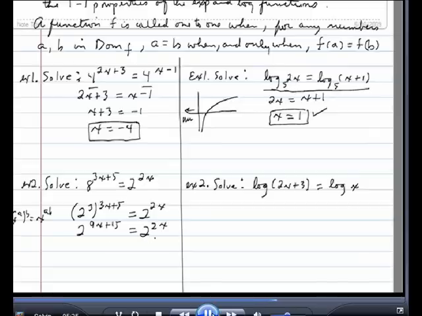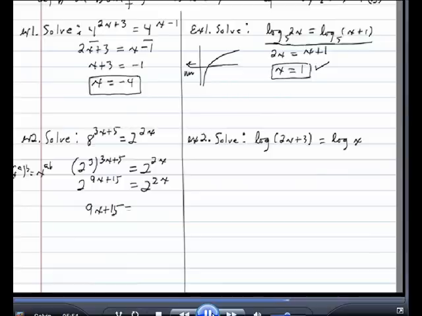And now we do have the same exponential base on both sides, so now we can use the one-to-one property. So the one-to-one property says if f of 9x plus 15 is equal to f of 2x, then 9x plus 15 has to be equal to 2x, which tells us that 7x equals negative 15, x equals negative 15 sevenths.